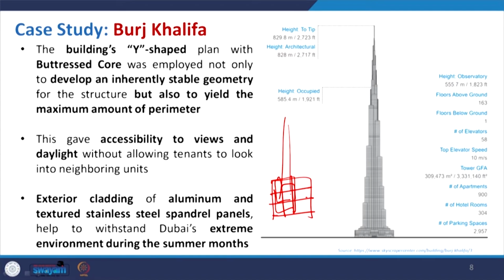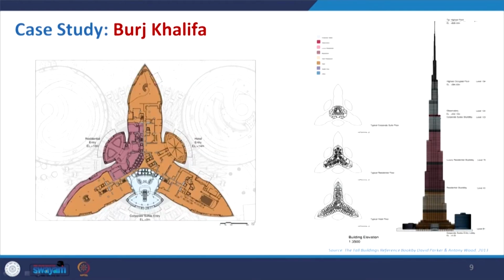Here a modified structure is being used, and a Y-shaped building plan is formed with a hexagonal core at the middle. This is also referred to as the buttressed core, and this has one major implication, that is this Y form of the plan that we will discuss.